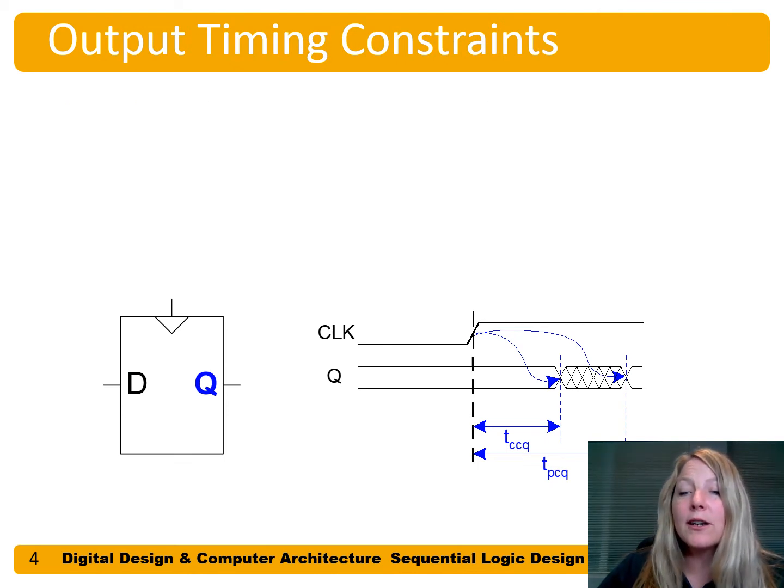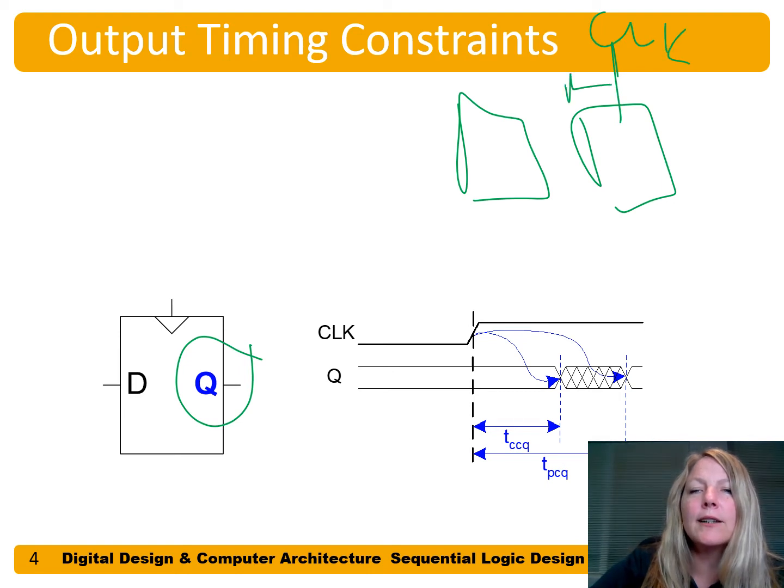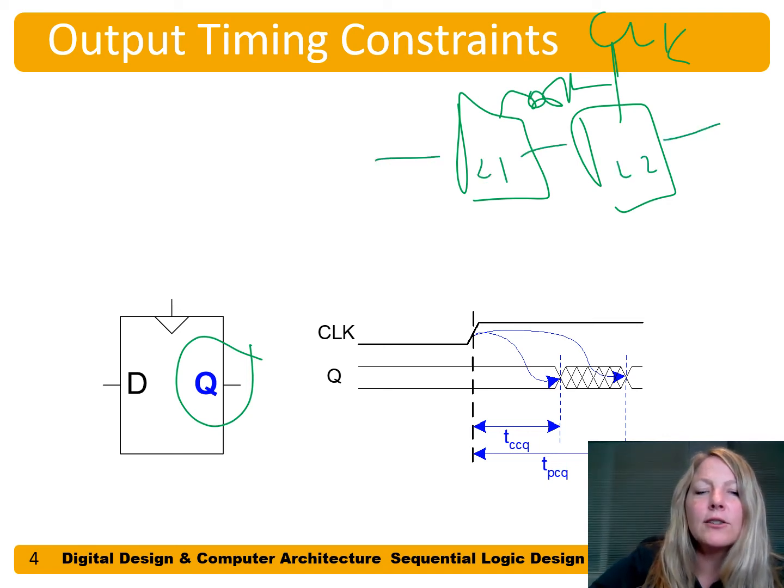So the output timing constraints of a flip-flop are Q and when can we get that output Q. If we look at our picture of our flip-flop, again, 2 back-to-back latches, the left one with clock bar, the right one with clock, so L1 and L2. We get clock transitioning from 0 to 1, but we don't see Q change immediately.